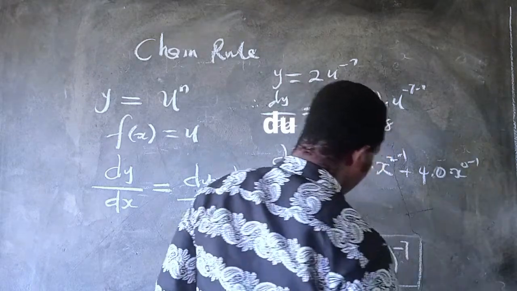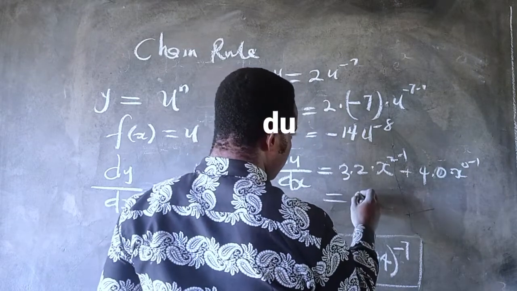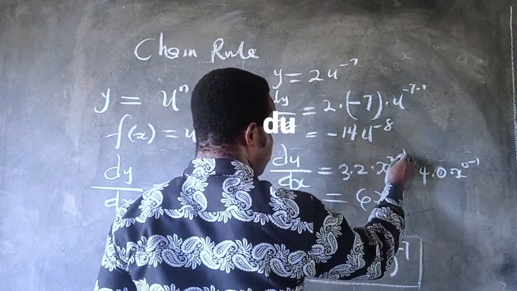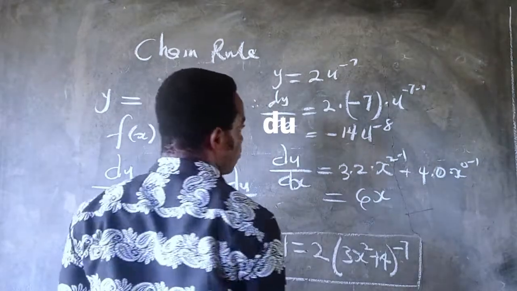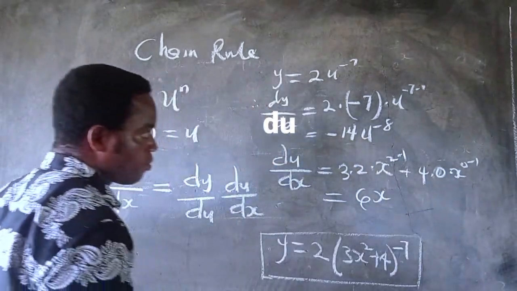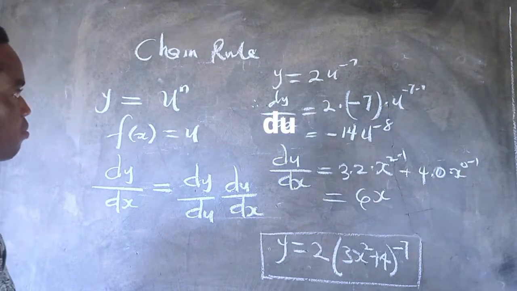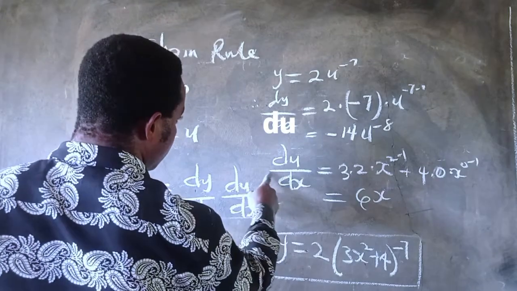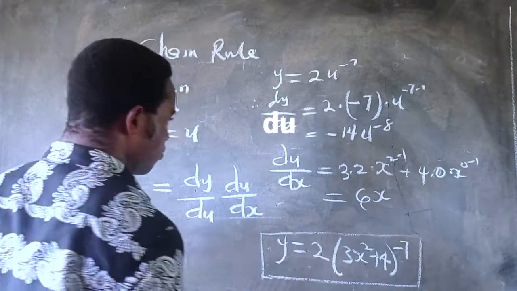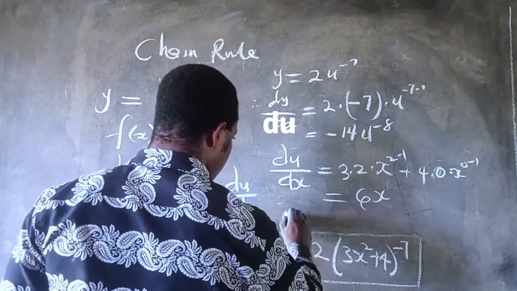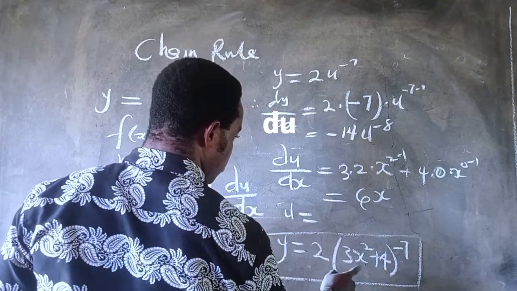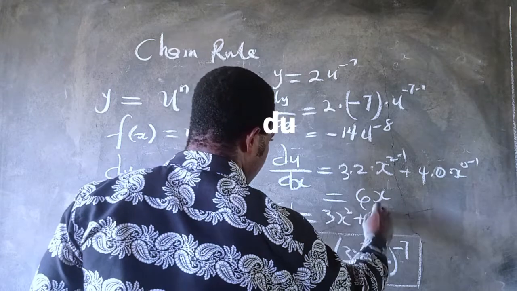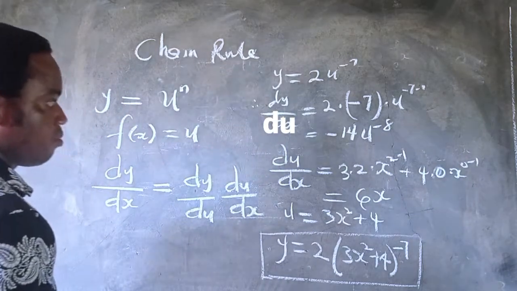So we have x raised to the power 0 after that 4. So the expression for the differential of u with respect to x is 6x. Okay. Our dy/du is negative 14u to the minus 8, and our du/dx is 6x. And you remember our u is 3x squared plus 4. Now these are all we need.